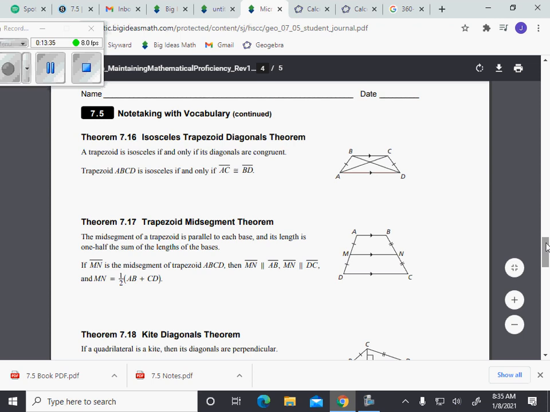So the diagonals of an isosceles trapezoid are congruent. And that means that these diagonals here, BD is congruent to AC, if it is an isosceles trapezoid.